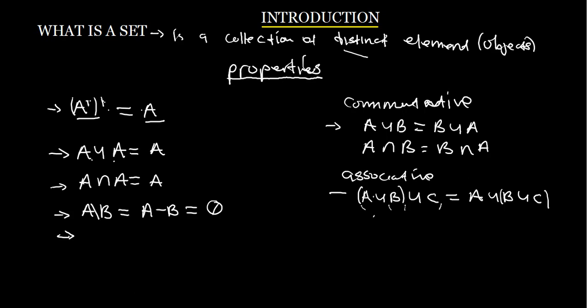So what if again we have A intersection B, then B intersection C, like that.